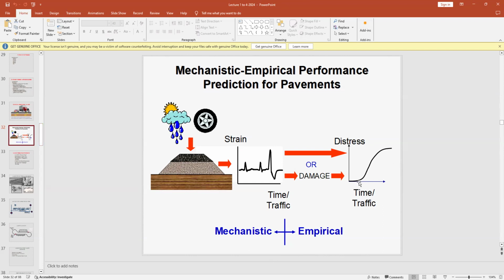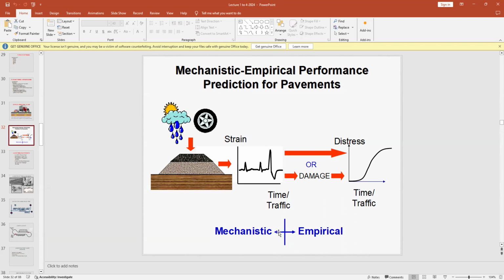In the initial stage of the pavement life, the effect of those damages was less. As the load and the other factors accumulate over time, your distress increases, and at one time you will fail. You will say the failure has occurred.